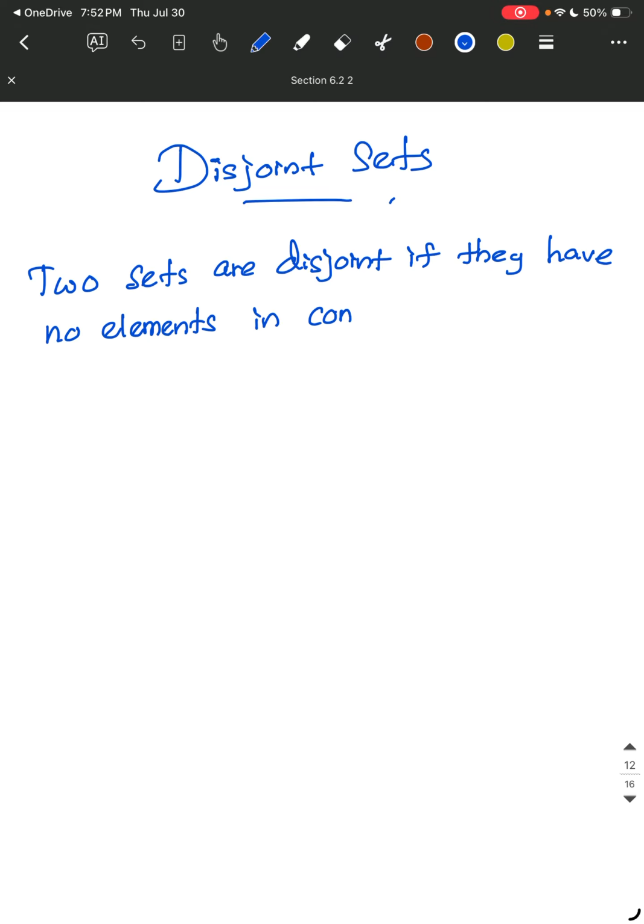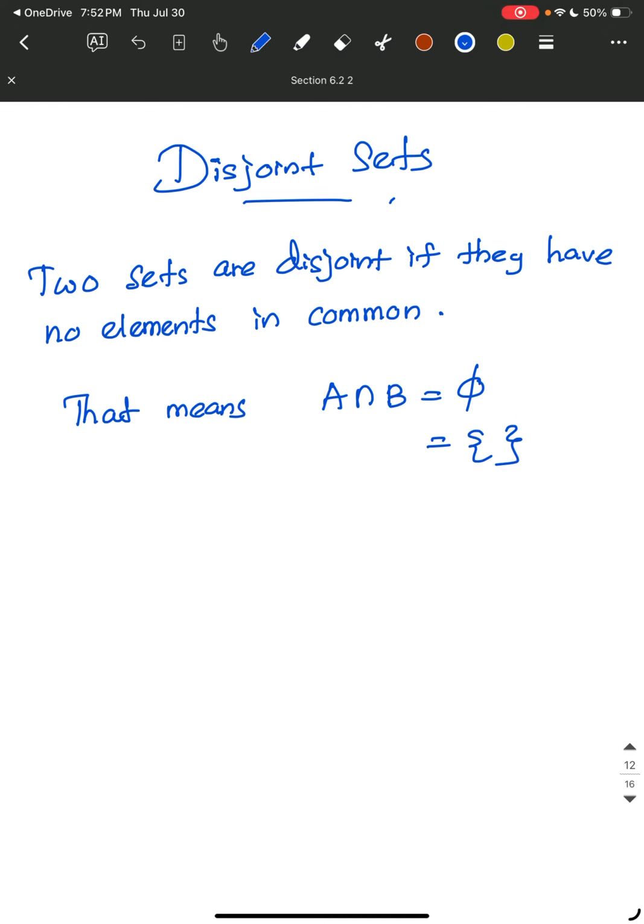So that means A intersection B is the empty set. There is no intersection. Therefore, the number of entries in A intersection B equals 0.